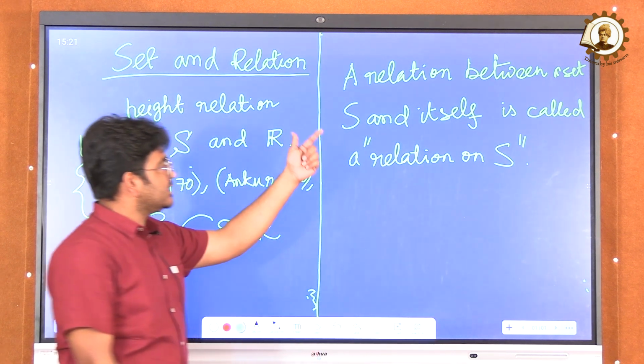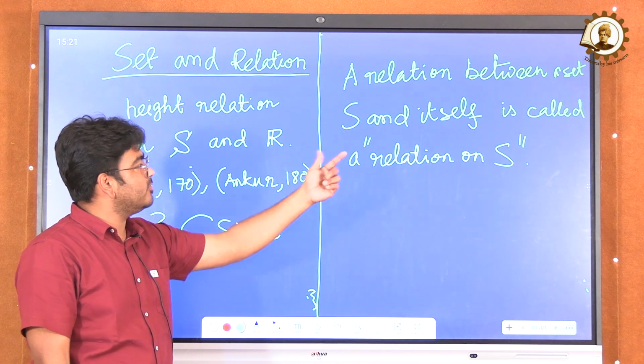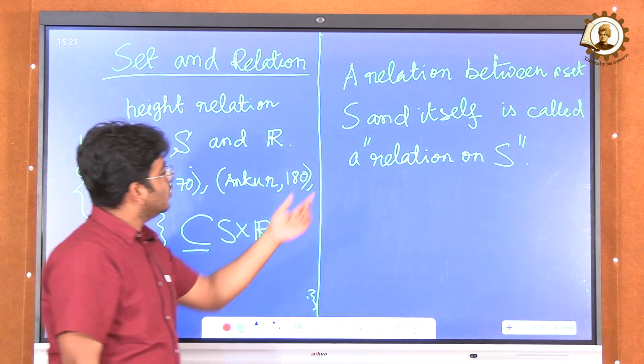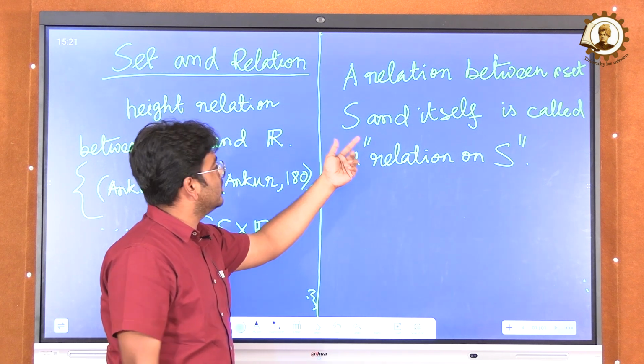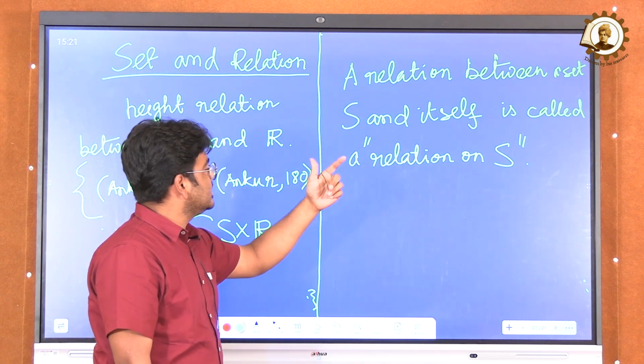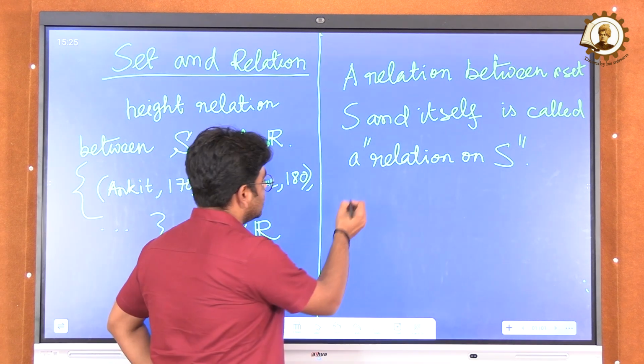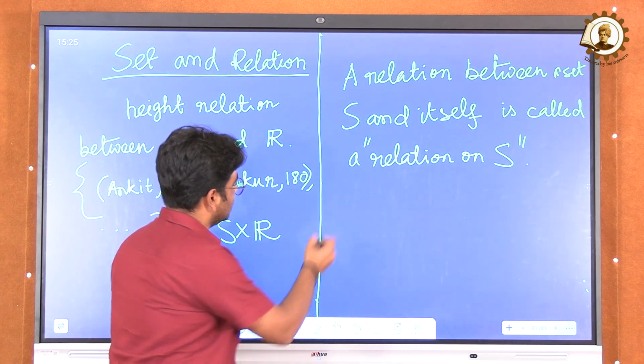The relation is from S to S, but we do not write it like that. Instead we just call it a relation on S. Let me give an example.